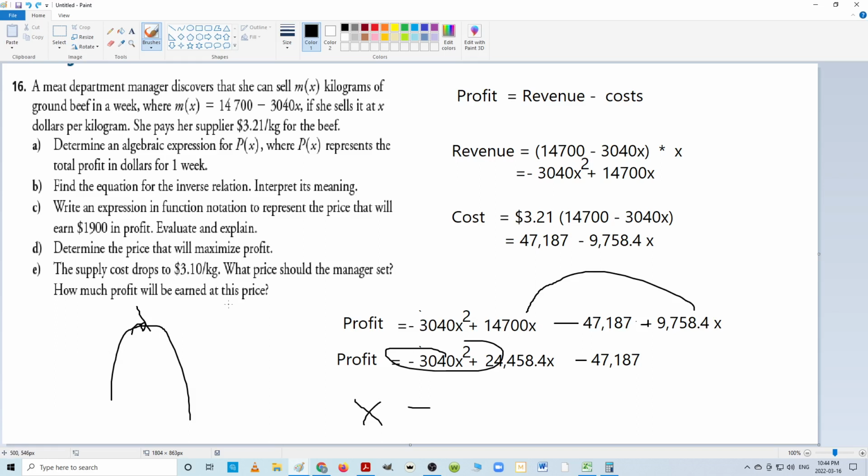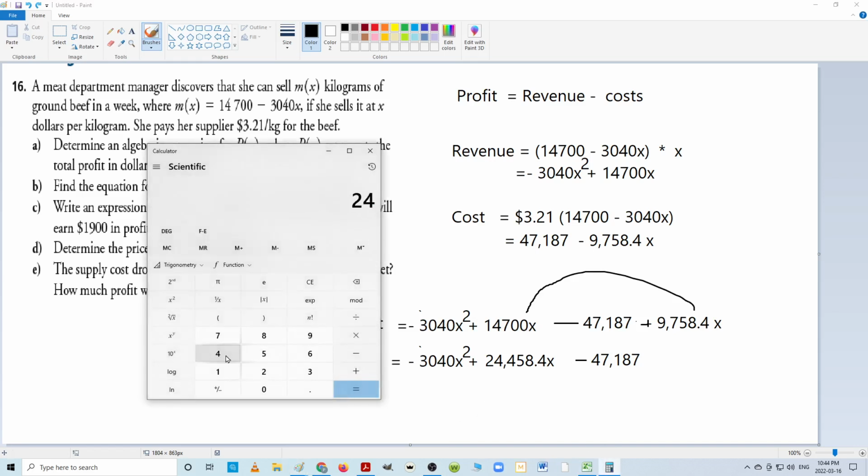And to find the inverse of the equation, I should really complete the square. And so I'm just going to separate that entirely. And I'm going to just see if 458.4 is easily divisible by 3040. And it's not really. So that's kind of a bummer.